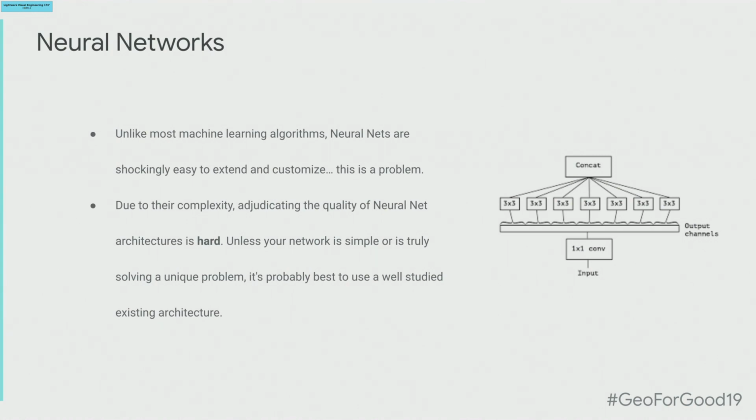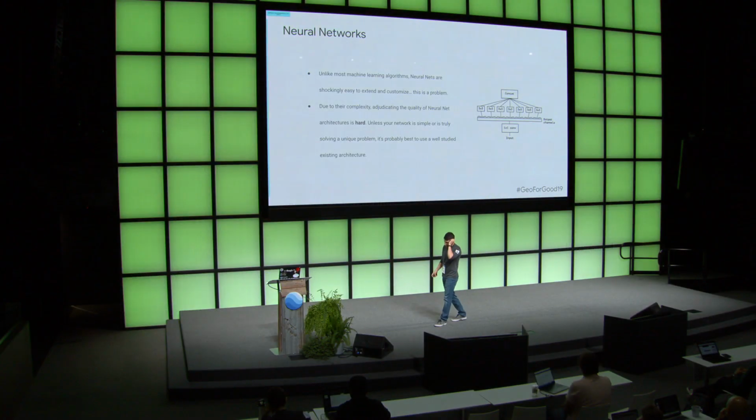The big ones, the Xceptions, the Inceptions, these neural networks that teams like Google Brain have developed over years and published all these papers studying, teams of people developed those models and then developed analysis to explain why things are doing what they're doing.